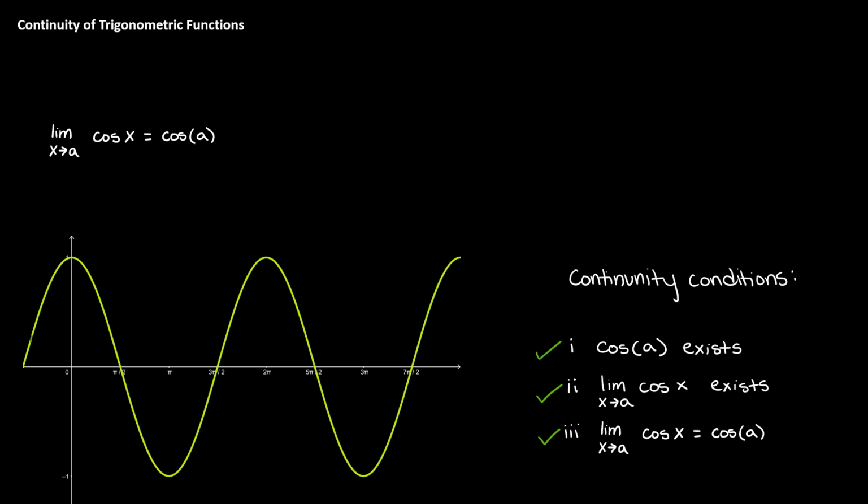We could repeat this process for any trig function actually, and we'll show that they're continuous. So cosine and sine are continuous. Tangent is continuous within a restricted domain, but you can repeat this process where you put the condition on a that it has to be within that restricted domain to show tangent's continuous over its period.